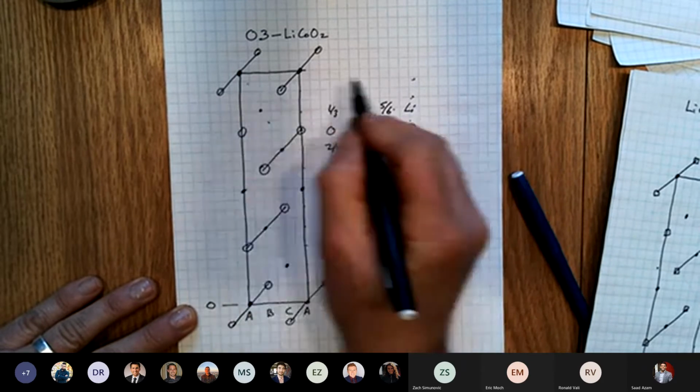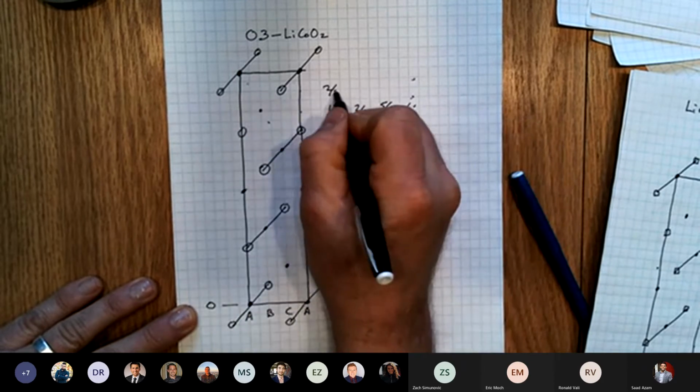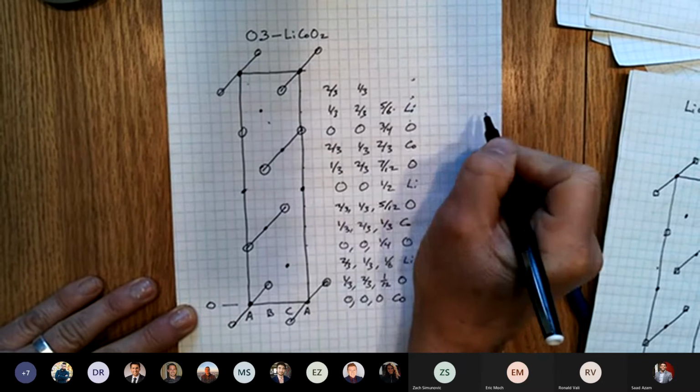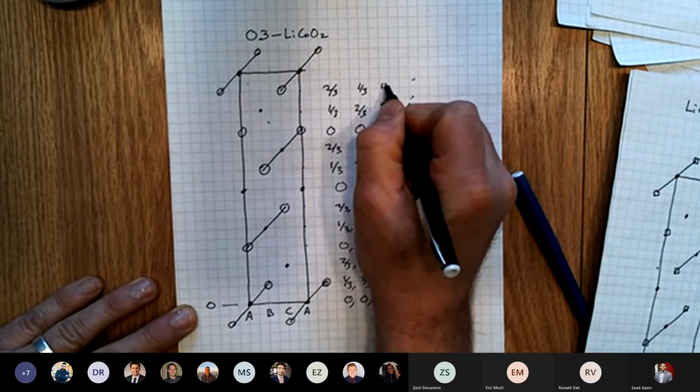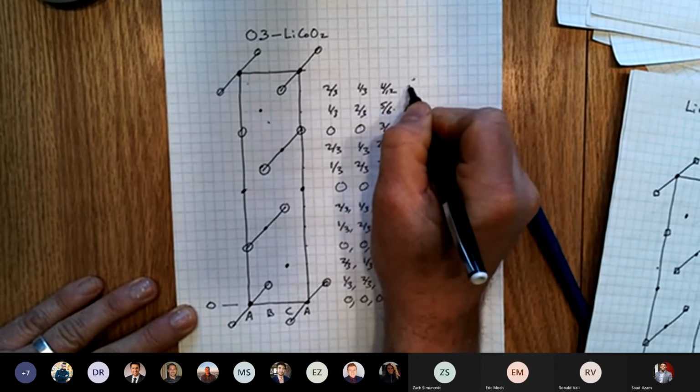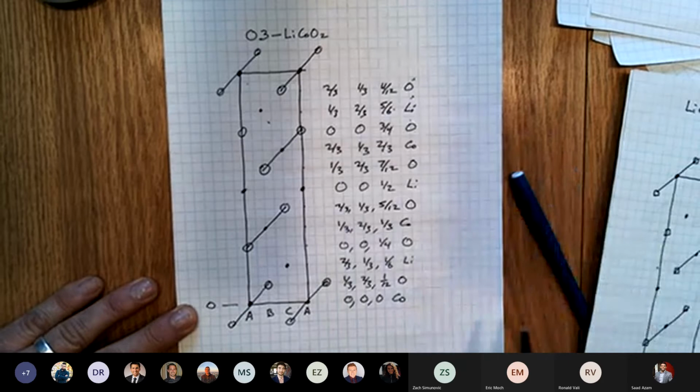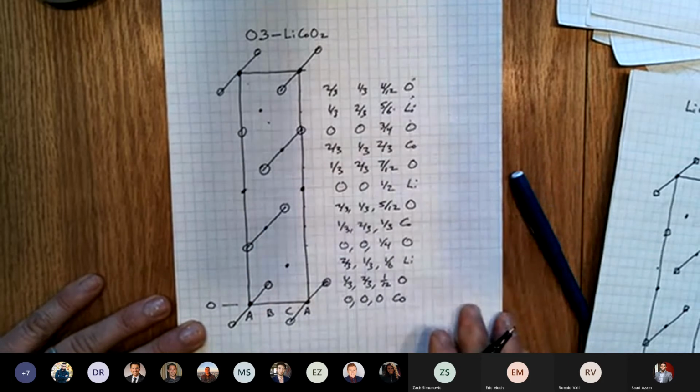And then finally we have a C site, 2/3, 1/3, and 11/12 is where the oxygen is. And then we're back to the beginning.